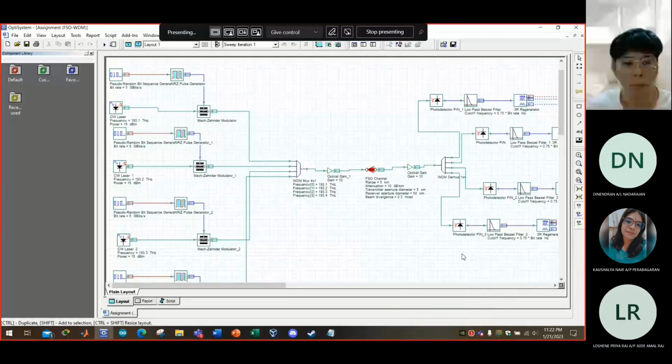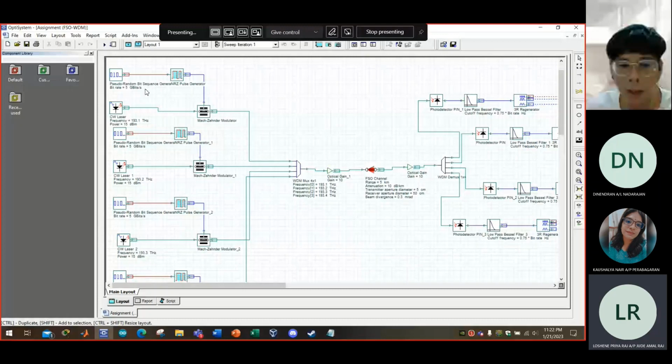This is our second circuit, which is the multiplexing circuit. On the transmitter side, we have four sets of the pseudo random bit sequence, NRZ pulse generator, Mach-Zehnder modulator, and the CW laser. We attach them to the WDM mux 4x1. After that, we have the optical gain and the FSO channel.